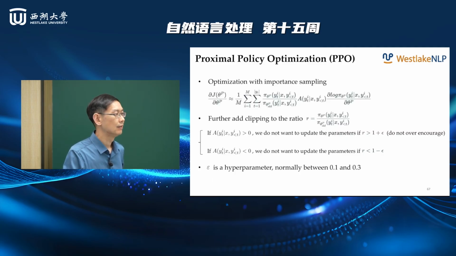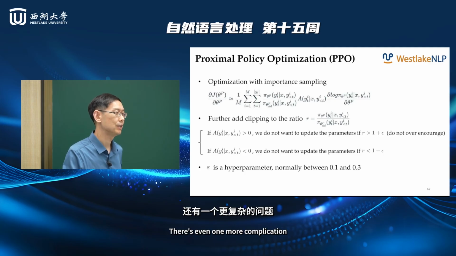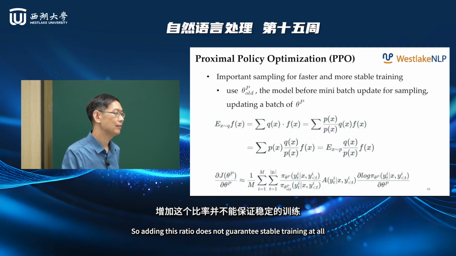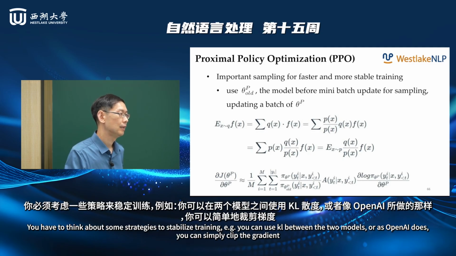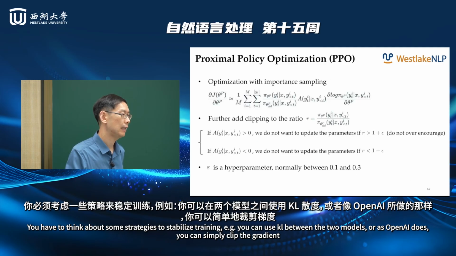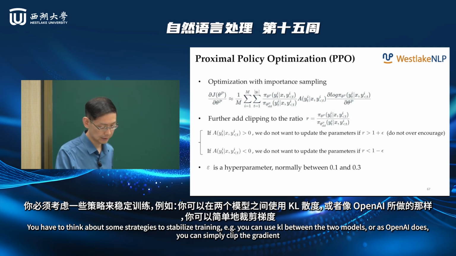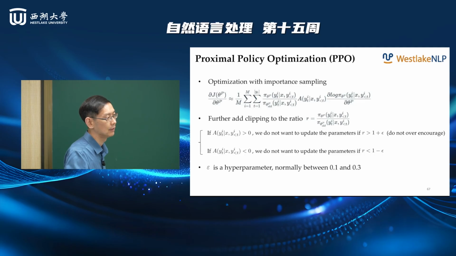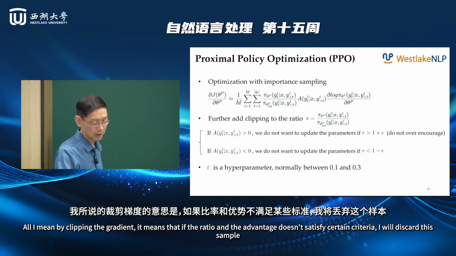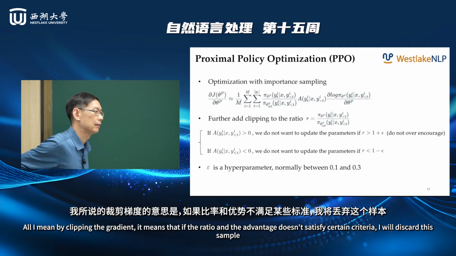There's even one more complication. Adding this ratio does not guarantee stable training at all. So you have to think about some strategies to stabilize training. For example, you can use KL between the two models, or, as OpenAI does, you can simply clip the gradient. What do I mean by clipping the gradient?